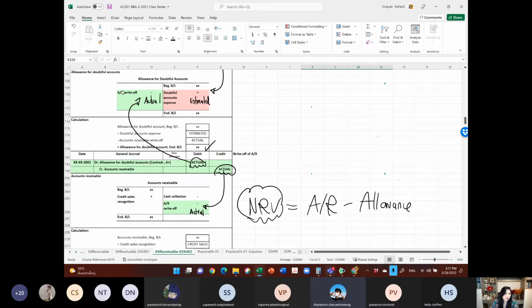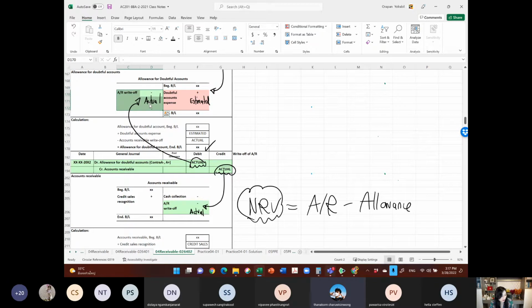Okay, so look at this, please. This is the allowance account, is that correct? Okay, so when you write off the accounts receivable, when you know the fact that the customer has just died, has just gone bankrupt, or has just gone missing, what happened to the balance of the allowance?